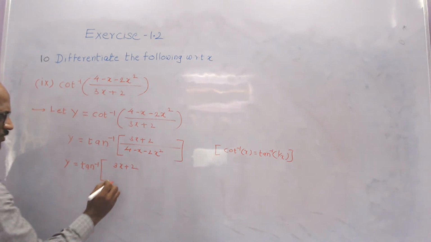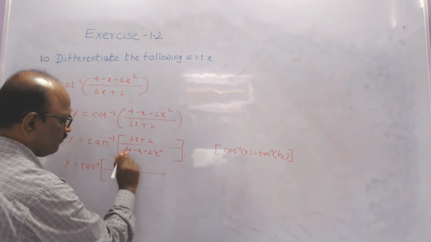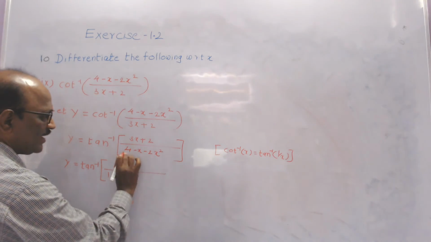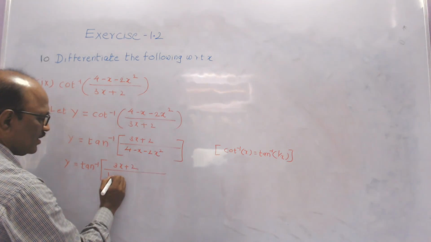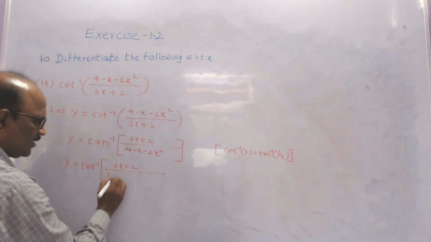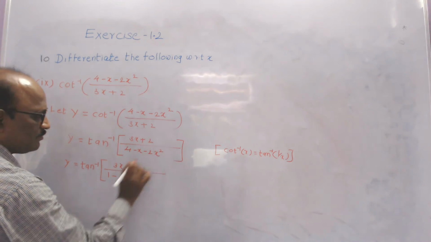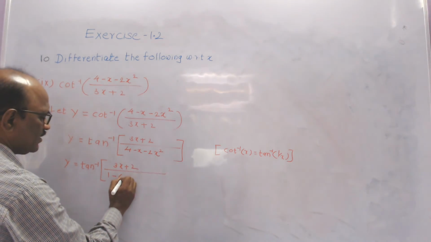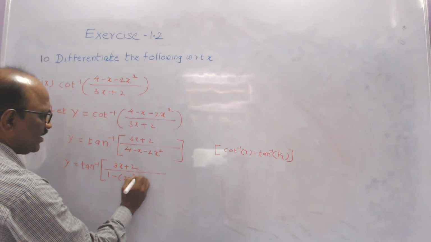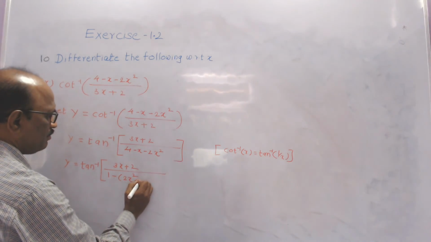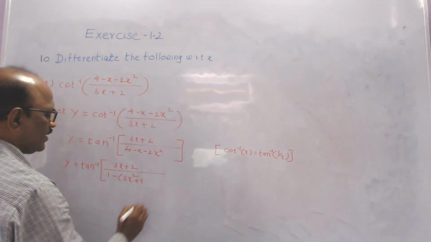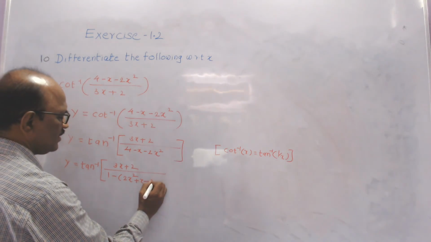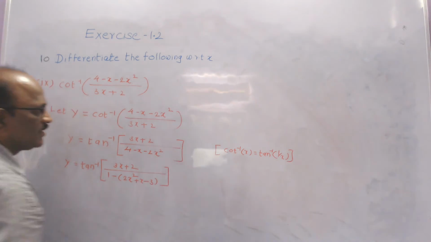Keep it as it is first of all. Now from 4 you take 1, and take the minus sign common overall from all the remaining. What is that? It is 2x square plus x, and here the minus 3.